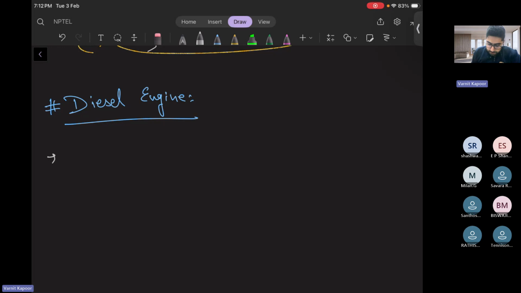So only air is entered into the cylinder during the suction stroke.